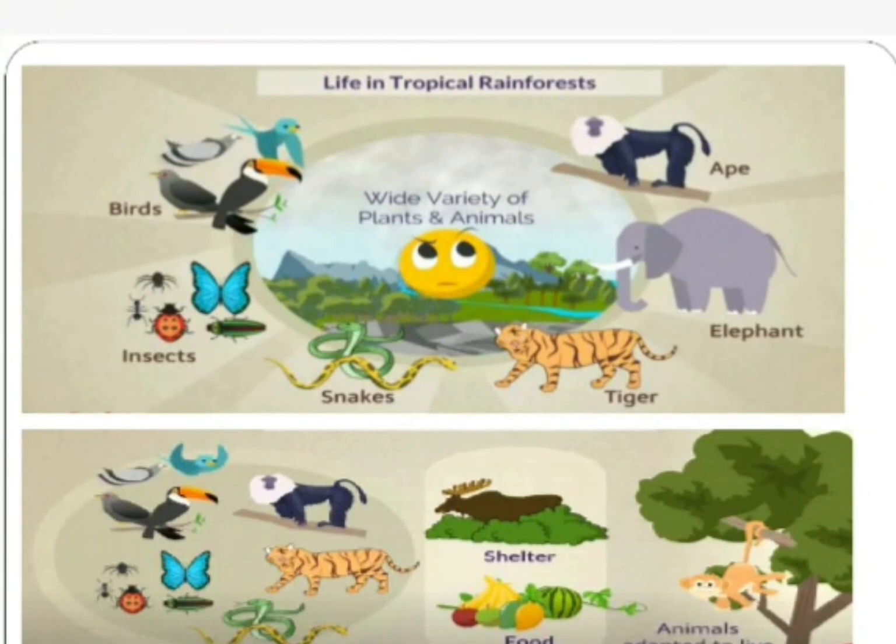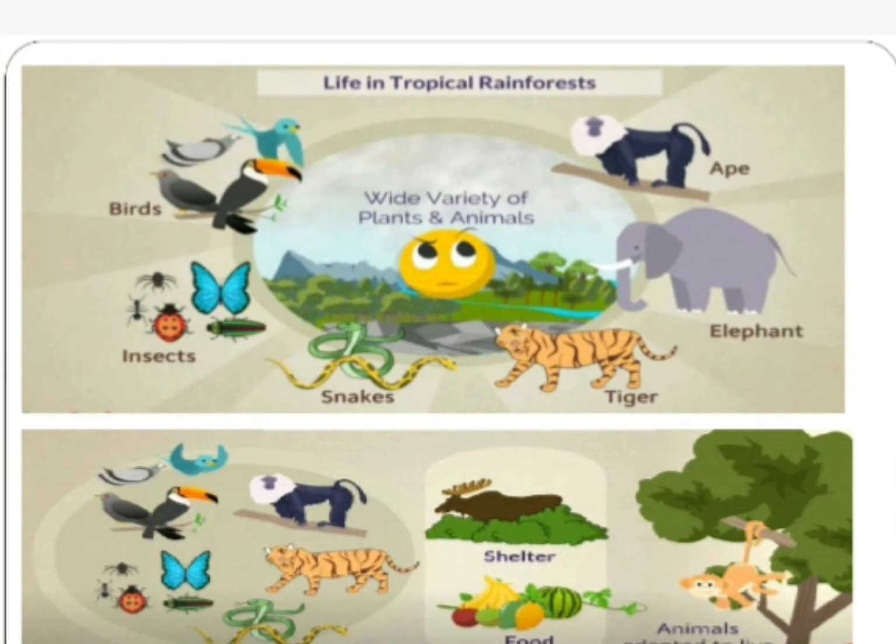And life in tropical rainforest. Because of continuous warmth and rain, this region supports a wide variety of plants and animals.